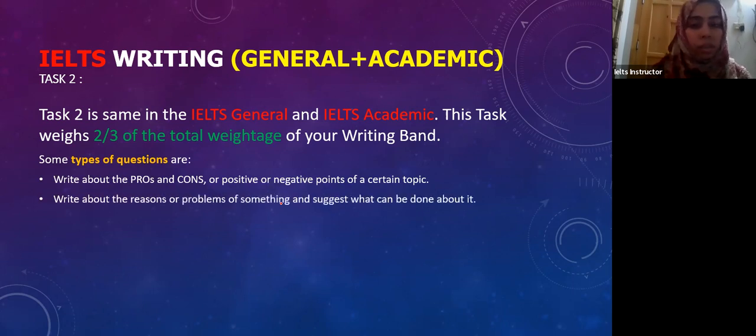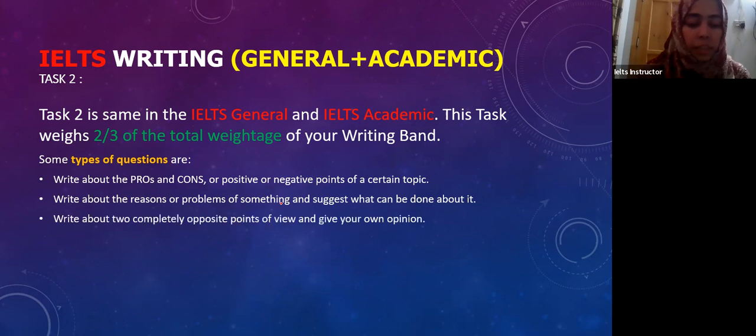The other type of task is that you can be given information about something and asked to state the problems of that particular thing, and you can be asked about suggesting alternative solutions for that. So either you can be asked about the advantages and disadvantages of something, or you can be asked for your opinion, whether you agree or disagree, and what other solutions you would suggest. The third one is write about two completely opposite points of view and give your own opinion.